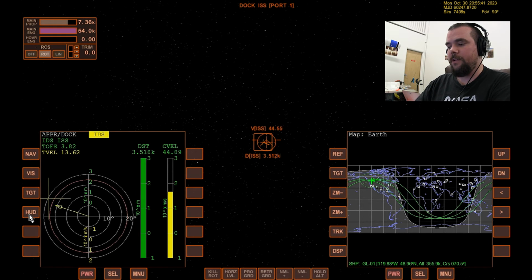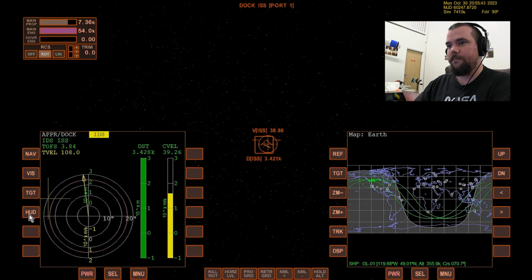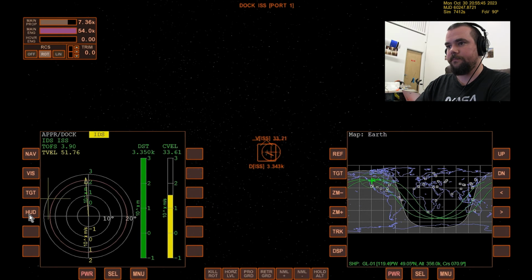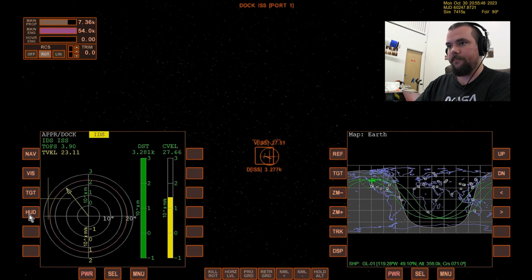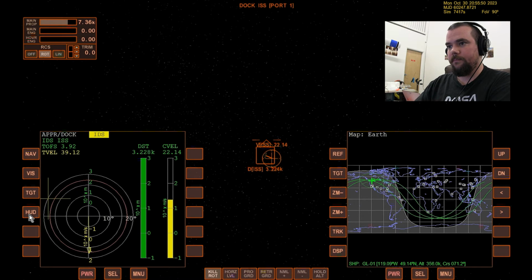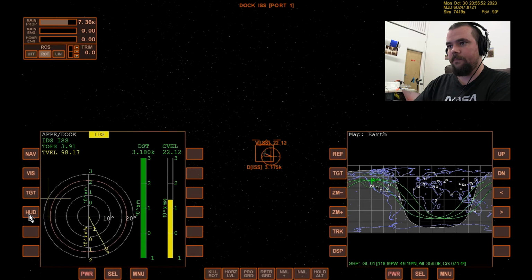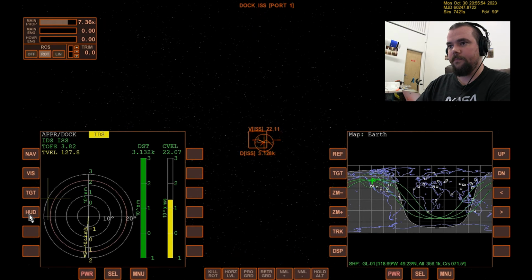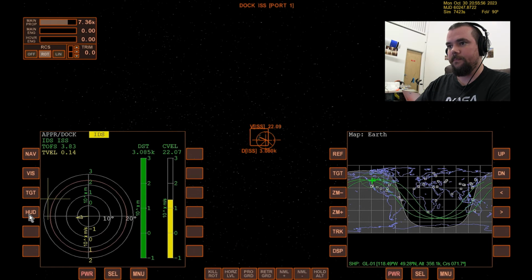And let's go ahead and slow down now. Perfect. All right, just past 3 kilometers. I'm at 22 meters per second.